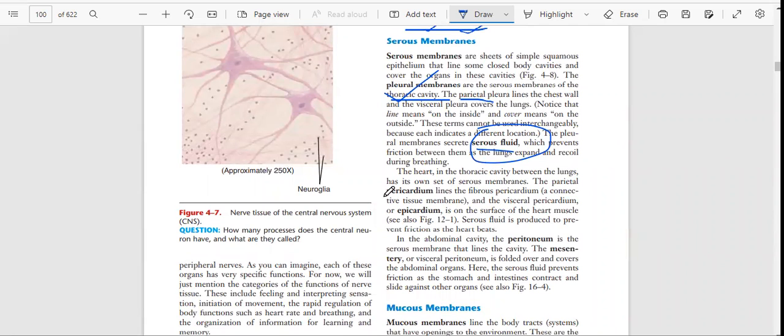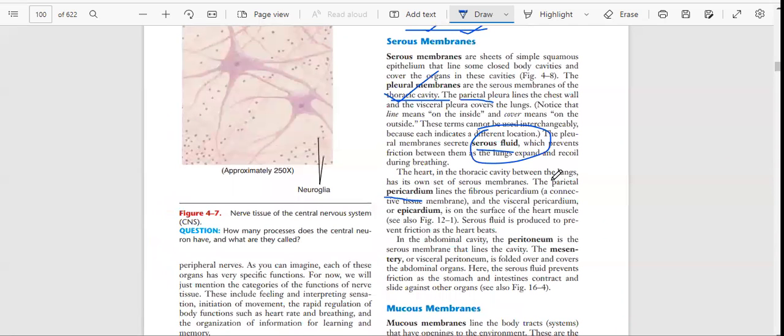The heart is also covered by one membrane called the pericardium. The pericardium is also parietal and visceral: visceral outside, parietal inside. The parietal is made up of fibrous pericardium, meaning it is a very tough and strong membrane.